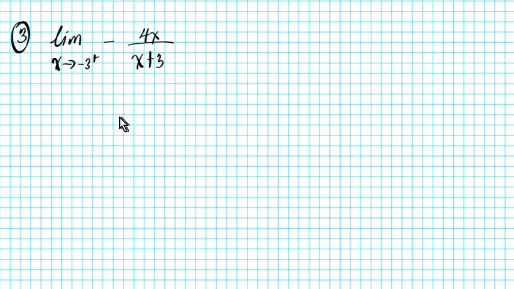So we can put this as -4 times, plug in that number, -3 from the right, divided by, at the bottom you have -3 from the right plus 3. Let me make that green. -3 from the right plus 3. And then we just simplify this.